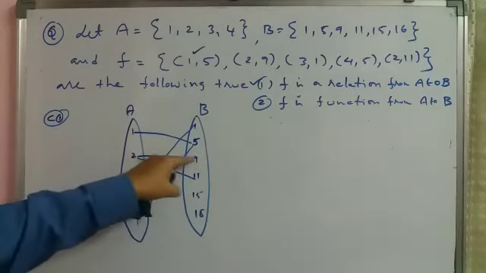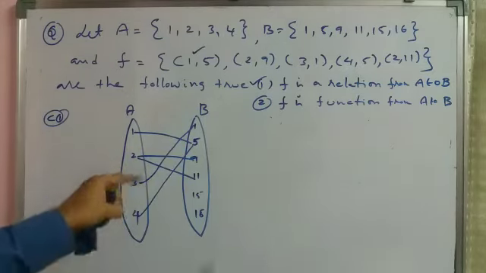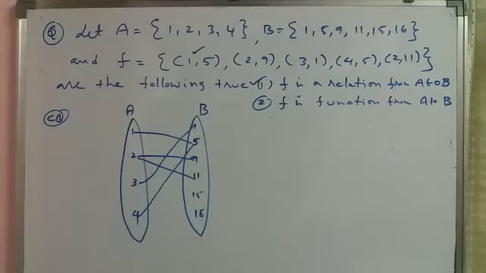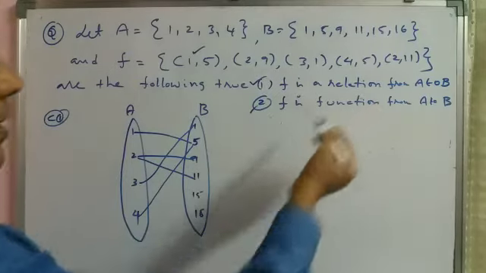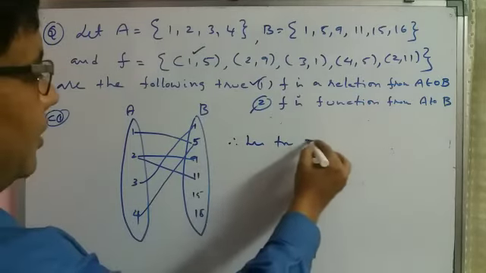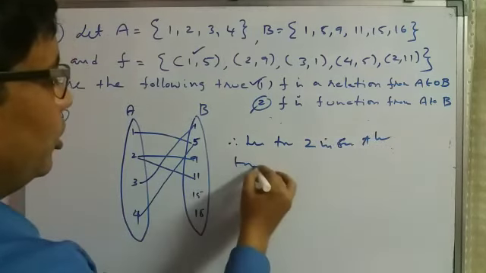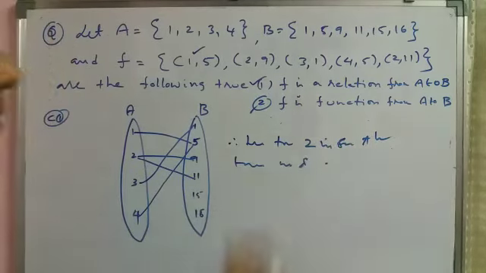So one element has two images. By the function definition, each element has only one image, but 2 has two images. Therefore it is not a function. Case 2, what is our answer?